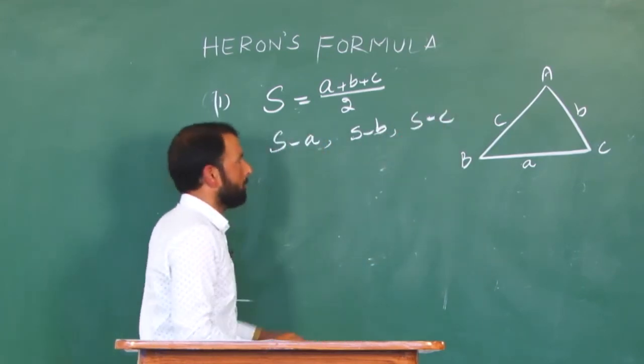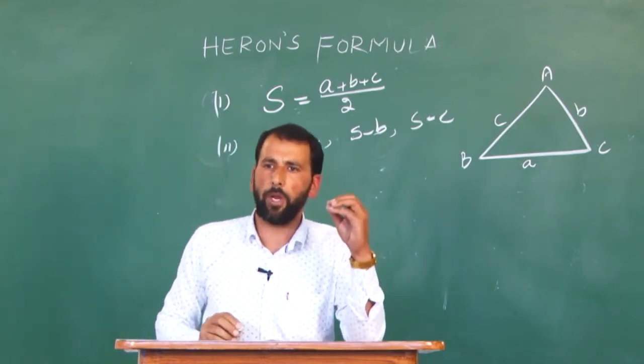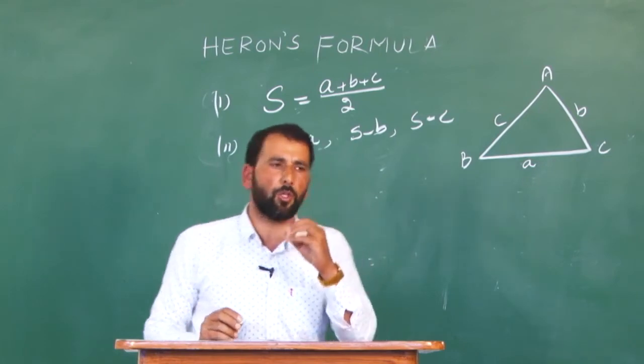Then after finding the semi-perimeter and s minus a, s minus b, and s minus c, we apply the formula that is known as Heron's formula.